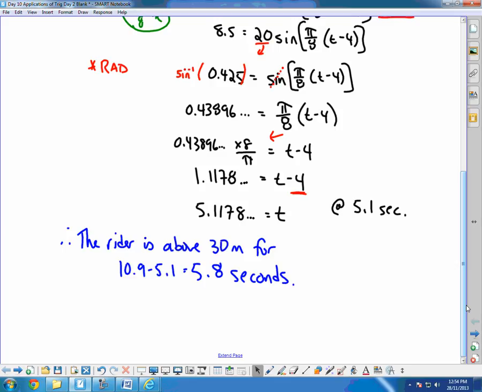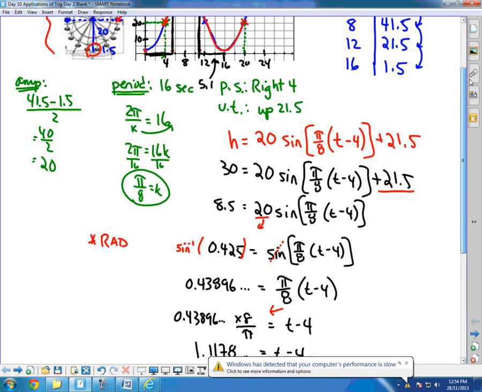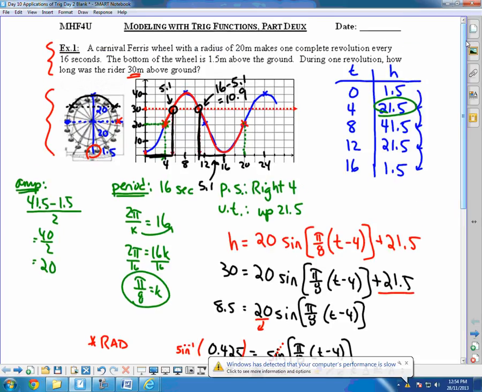So now if I'm the ride operator or something like that, I can say, well, for almost 6 seconds, the people are up there at the highest point, the best spot on the ride. The whole thing is 16 seconds, so 10 seconds they're either coming down or below, but at least for 6 seconds they're up at the highest spots, getting your best view or whatnot.